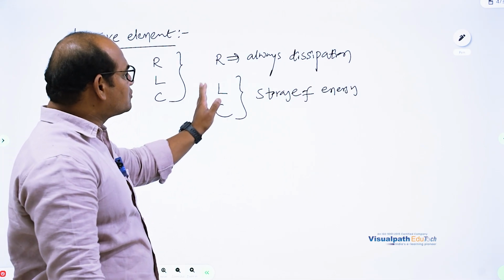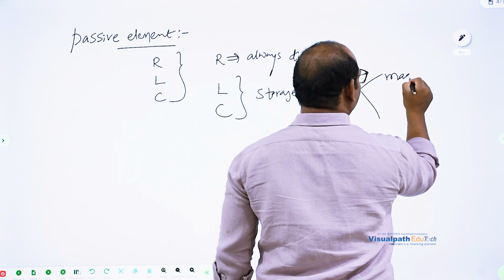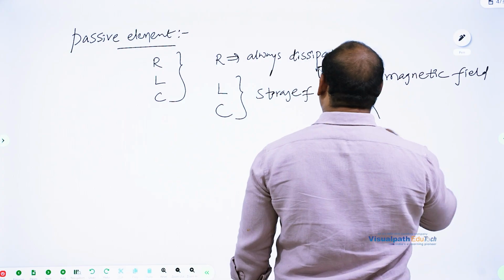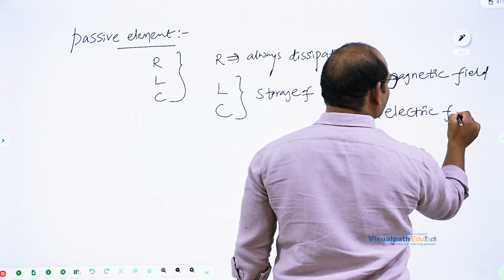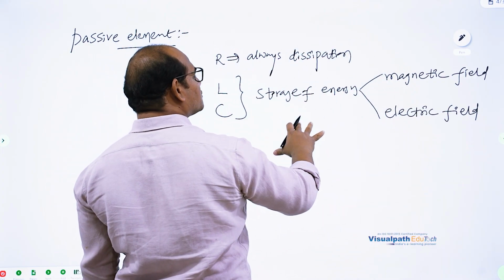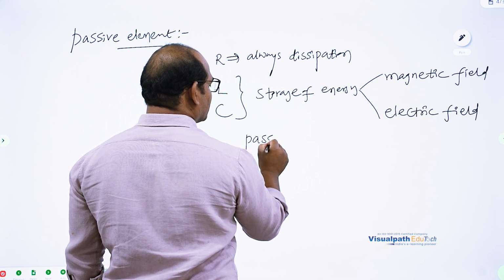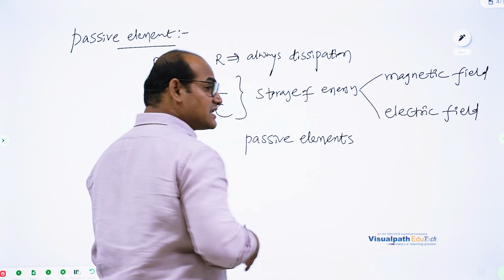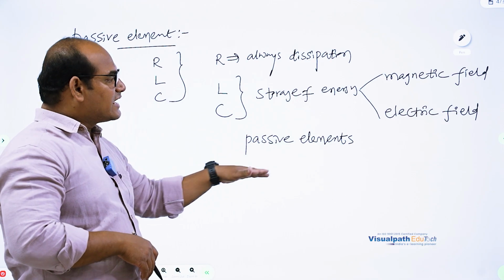That means inductor can store the energy in the form of the magnetic field, and capacitor can store the energy in the form of electric field. Okay. Even though these are for the storage of the energy, we need to treat these two like passive elements only, because these are not generating the energy. Okay, because of that reason, we'll treat these three like passive elements.